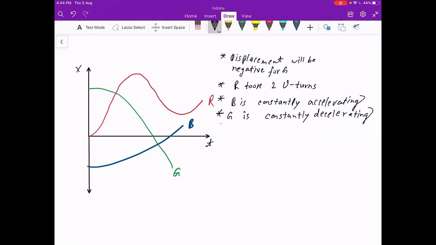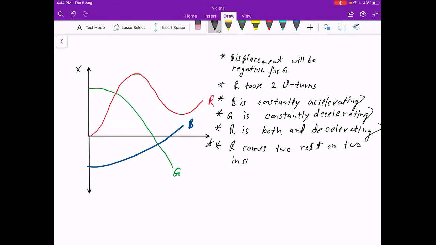And R is both accelerating and decelerating, depending on the time. Also, R comes to rest. Very good. On two instances. What are the two instances?